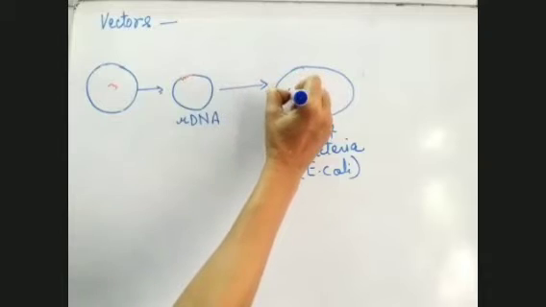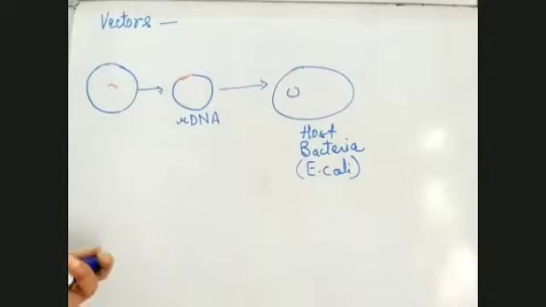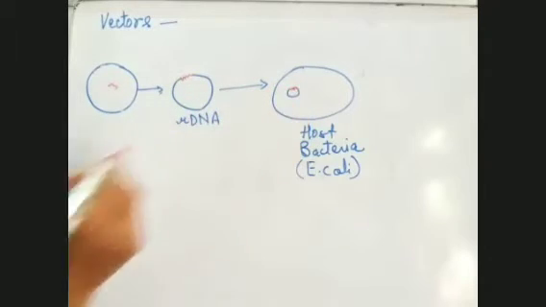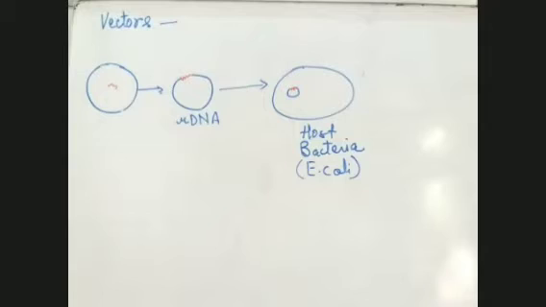The plasmid enters this, and when the bacteria multiplies, this recombinant DNA with the desired gene also multiplies, and then we can extract whatever amount is produced by multiplication of this plasmid inside it. When the bacteria multiply, this recombinant DNA which is introduced into the host will also multiply, and we will get a lot of the desired product for which we have introduced this desired gene.